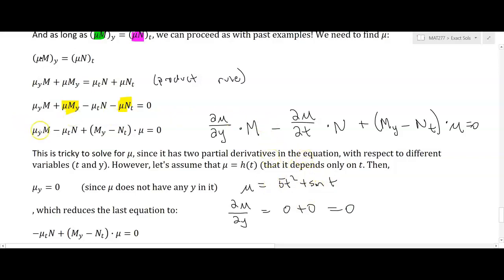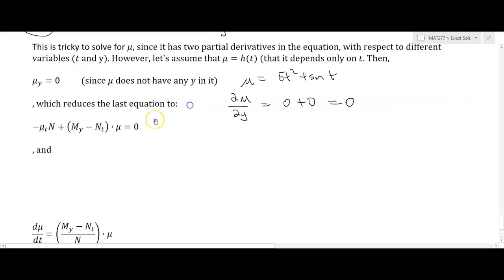So that means this term right here pops out because mu_y is 0, so that term goes away, and we're just left with this stuff, which equals 0. So where do I go from here? If I now rearrange this equation a little bit, first of all, mu_t is d mu dt. The reason I can write it not with the partial sign is because I know that mu is only a function of t.